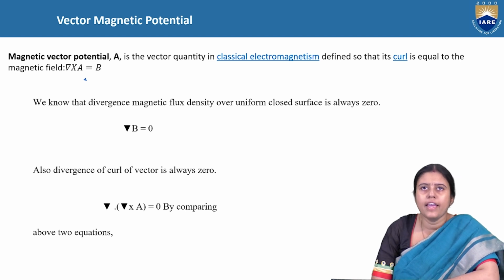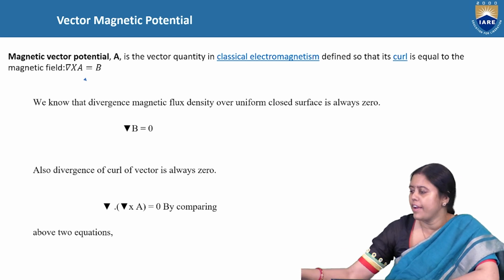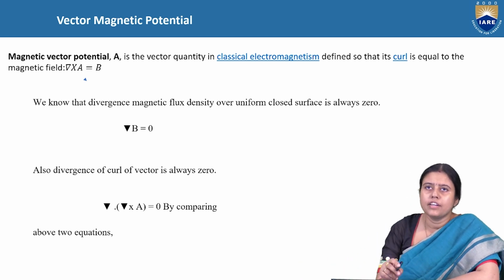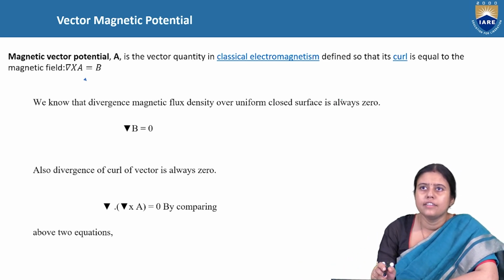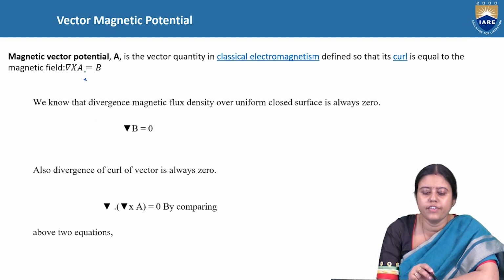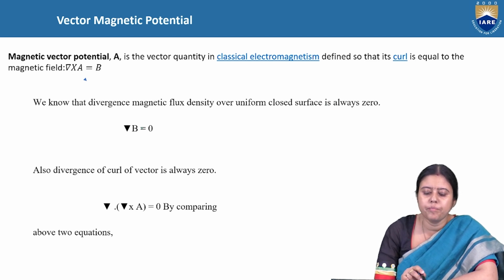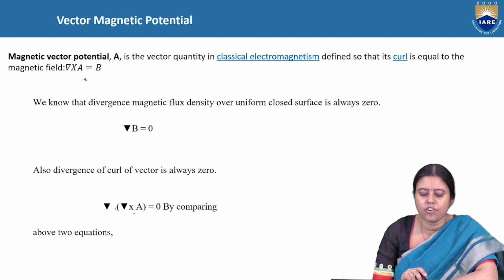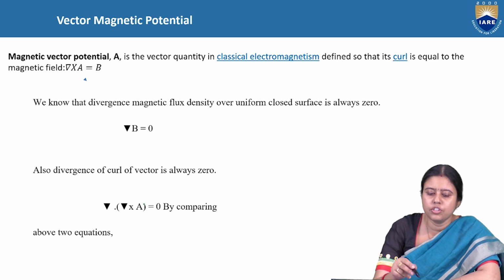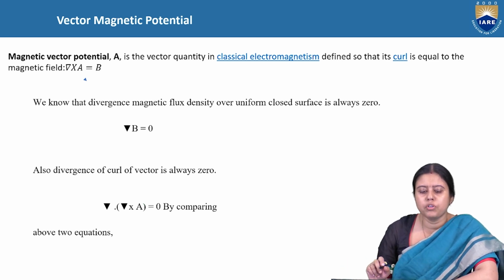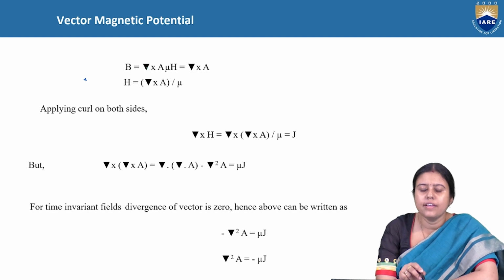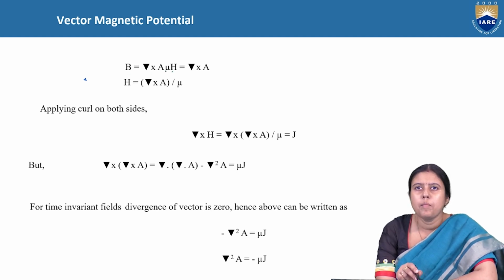Magnetic vector potential A is the vector quantity defined so that its curl is equal to the magnetic field: grad cross A equals B. We know that the divergence of the magnetic flux density over a closed surface is always 0, so grad dot B equals 0, and the divergence of the curl is always 0.